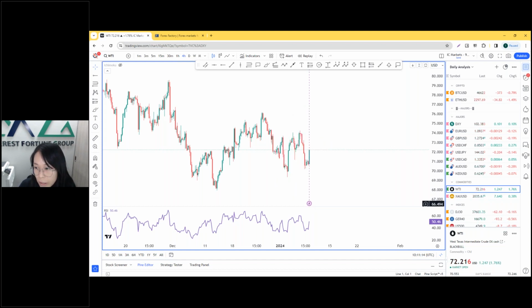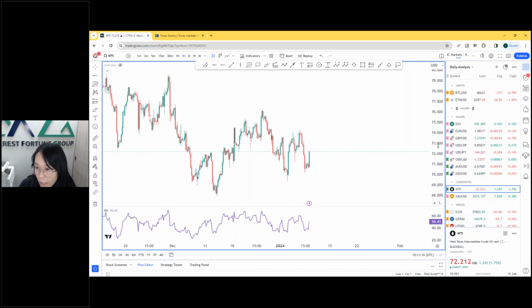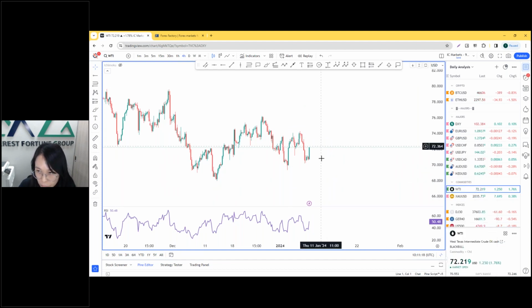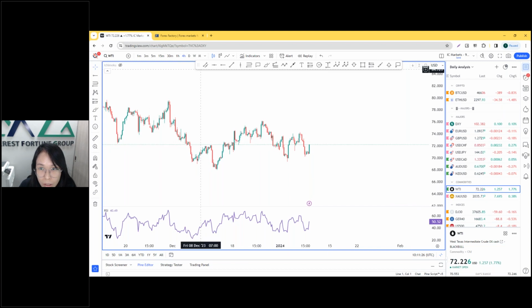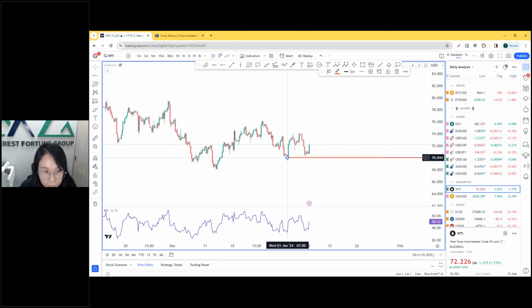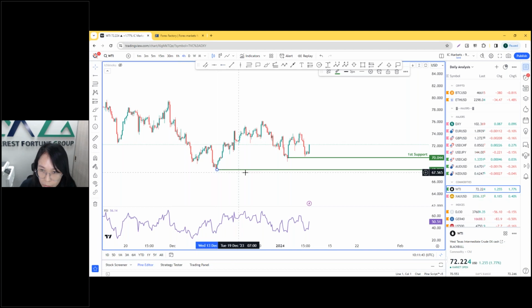So despite US supply being higher, you can see that oil prices are actually high for this week. And we do have a first support level here, and the second one is also pretty straightforward with this pullback.